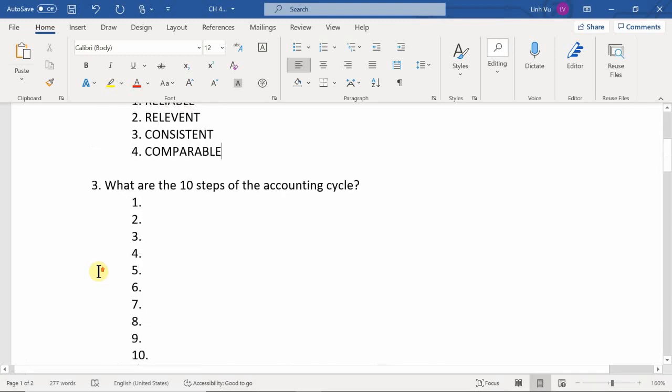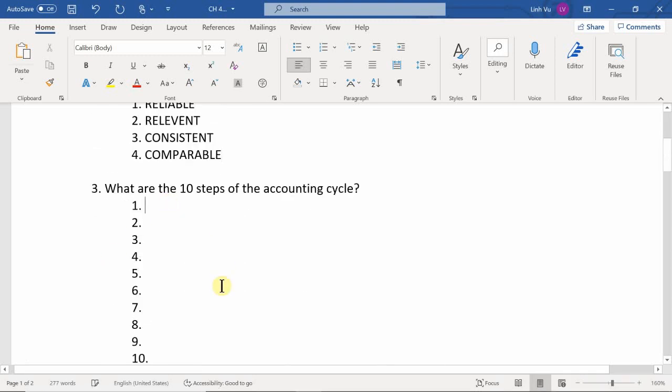Number 3, what are the 10 steps of the accounting cycle?